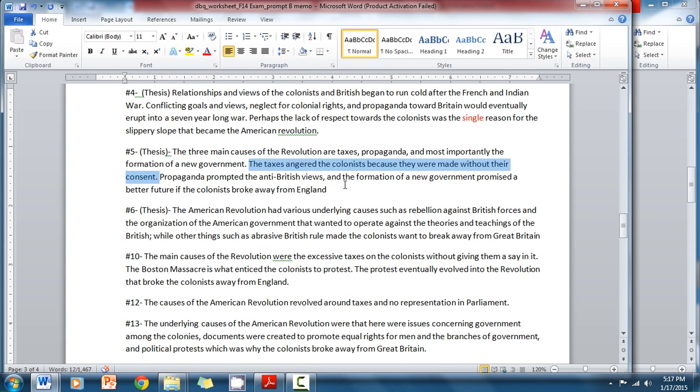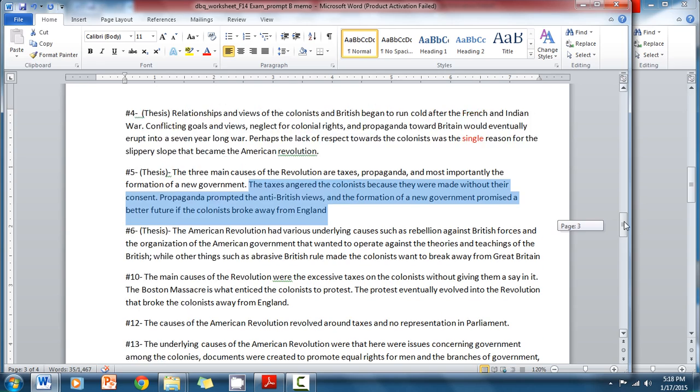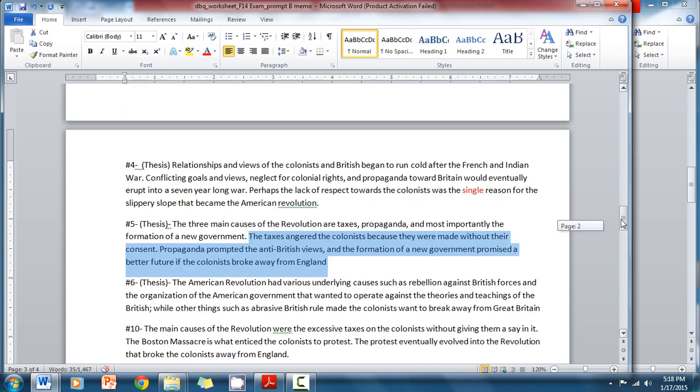And the propaganda needs to go in body paragraph 2, because the second category is propaganda. So anyway, way too many details here in the thesis. Also, you failed to mention what was the single most enticing cause.